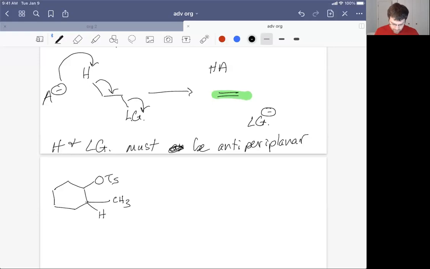And then let's go ahead and block the other side, so we can only consider deprotonation at the position adjacent to the OTS. And what I want to ask is, what stereochemistry would be required for the base-mediated elimination to form this product?